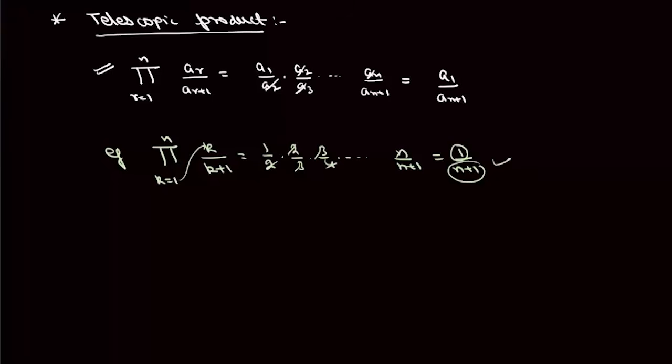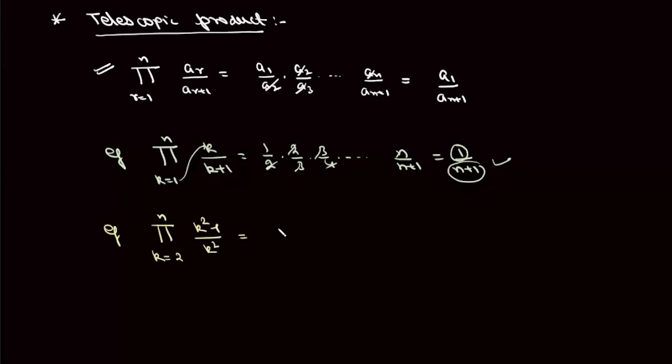Let's take another example. Suppose we are given this product, K varies from 2 to N, (K square minus 1) upon K square.